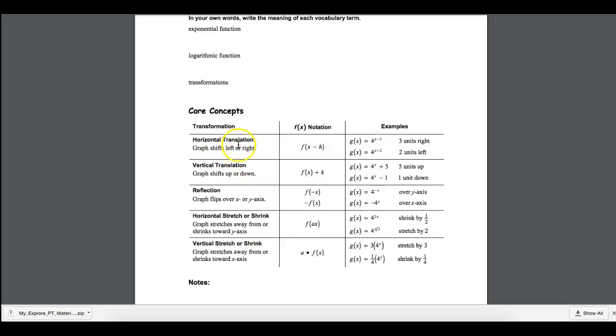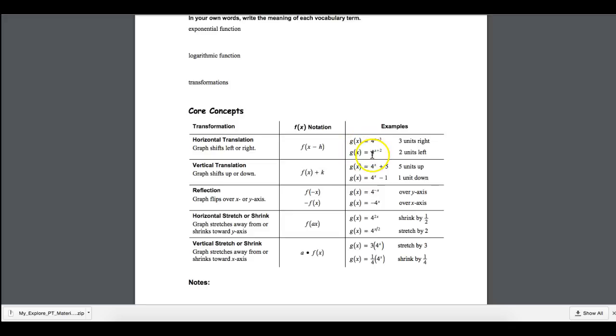So you'll notice you've got your translations. If you add or subtract a value to your function, it's a vertical translation. Add or subtract to your input, it's horizontal. Now note that because it's x minus h, this is where you have to remember your shifts left and right, you have to look at the opposite sign.